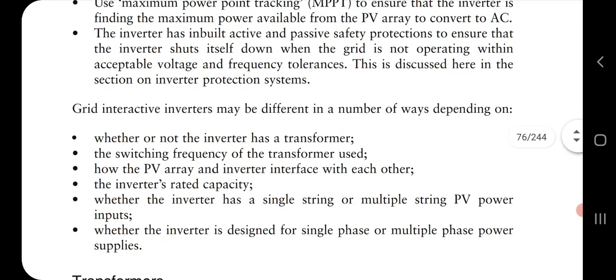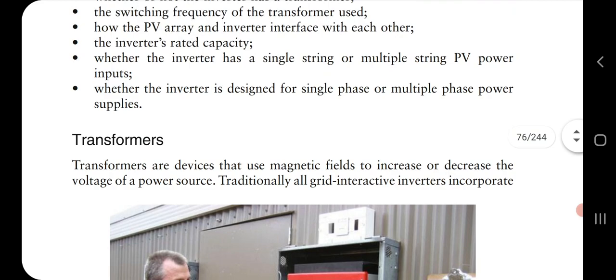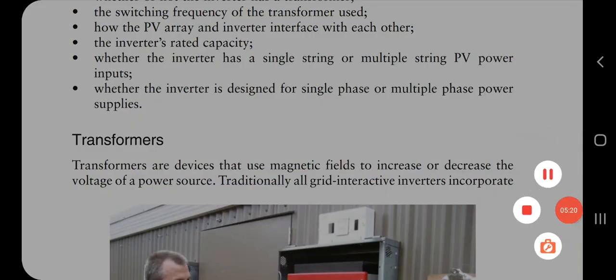A grid interactive inverter may differ from others in different ways, for example whether or not it has transformers. Switching frequency and voltage frequency are very important here. So there are many different functions for the grid inverter.